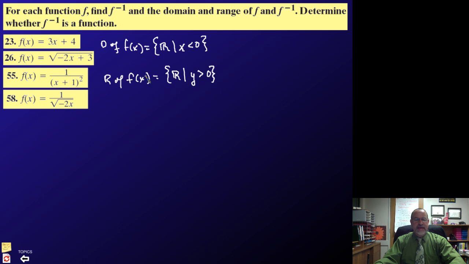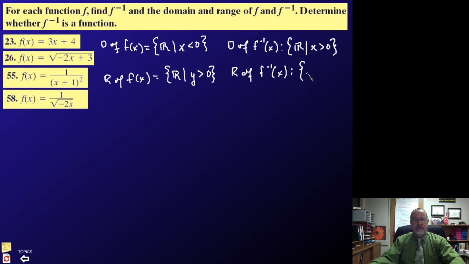Because I have the domain and range figured out already, I can do the domain and range of my inverse. The domain of my inverse is going to be the range of the original, so all y values such that, and instead of y, that's going to become x, x is going to be greater than 0. And then the range of my inverse, again, I get from the domain of my original.